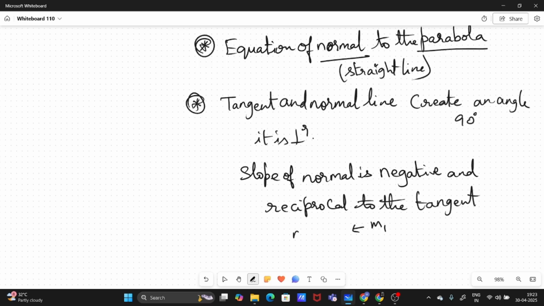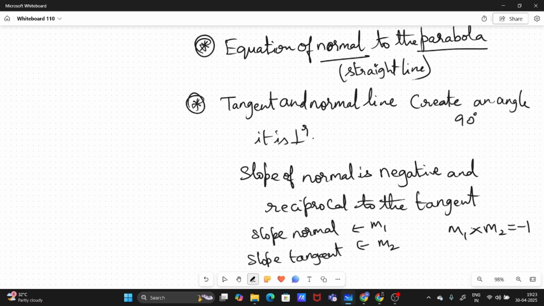I'm going to take m1 as the slope of the normal, and m2 as the slope of the tangent. Hence, m1 times m2 equals -1, or m1 equals -1 over m2, which I told you: the slope of the normal is negative and reciprocal to the tangent.